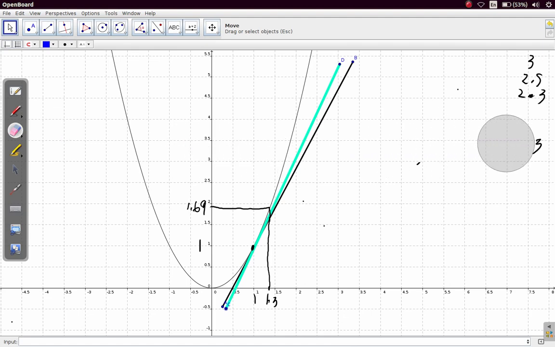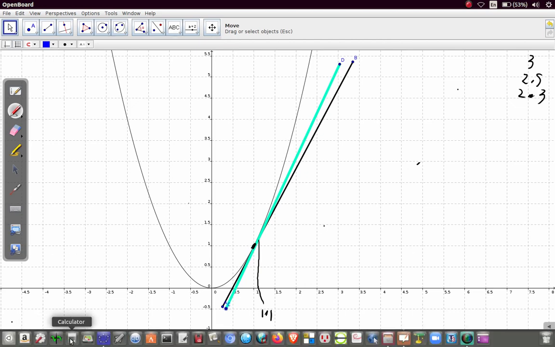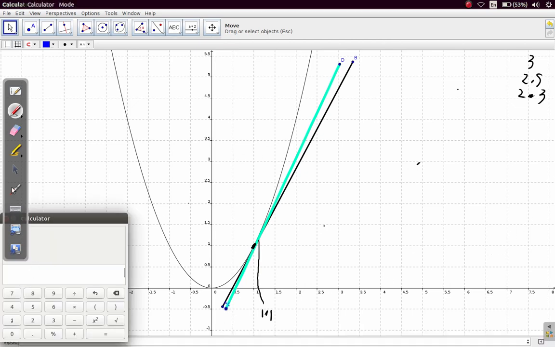The thing is, we want to move the point very, very close. First of all, let's maintain the 1. Suppose we move the point even closer, to 1.1 instead of 1.3. Very, very close. This is now 1.1. When x is 1.1, x squared will be 1.1 squared, which is 1.21.